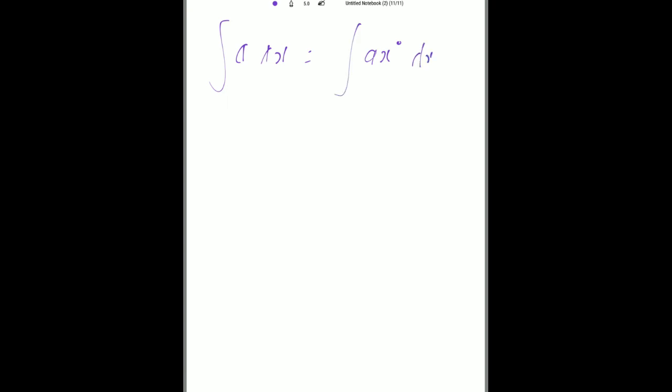So we're going to have a x to the 0 plus 1 all over 1, which would give us ax. And we're going to be adding our constant of integration. So in other words, if we integrate any constant a, the integral will be ax plus our constant of integration.